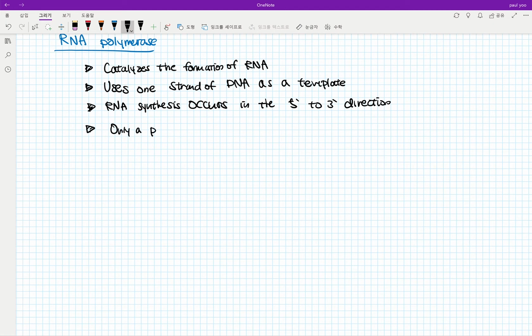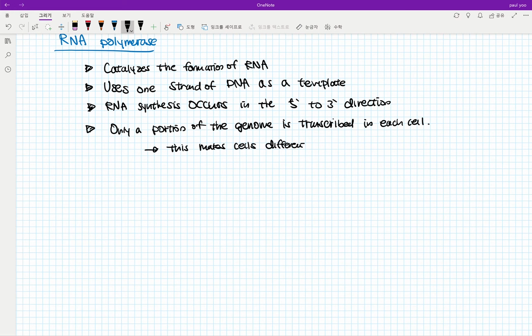Only a portion of the genome is transcribed in each cell, and this makes the cells different from each other.